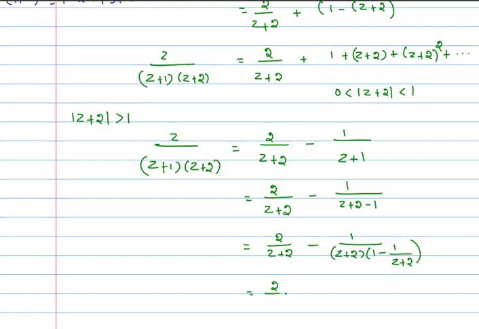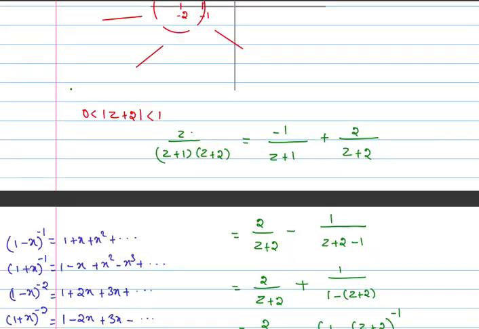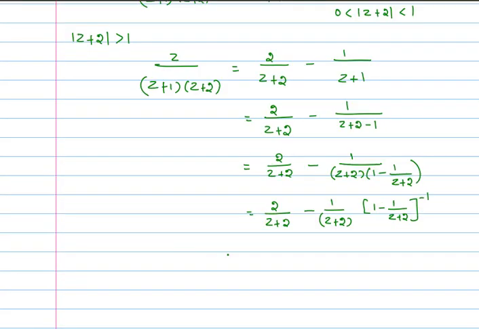So 2 over (z+2) minus 1 over (z+2) times 1 minus 1 over (z+2), the whole power minus 1. The same formula, the first formula only, I will apply.